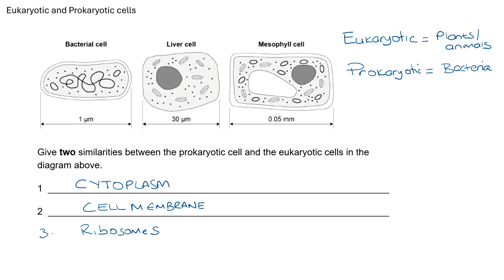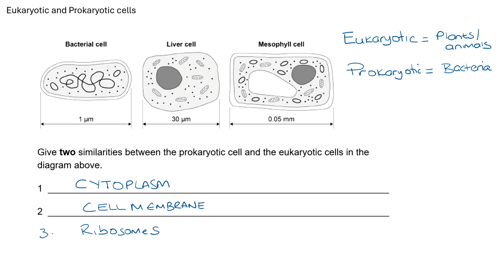Before you go into the exam, you need to know the difference between eukaryotic and prokaryotic cells. Eukaryotic cells include all plant and animal cells and are therefore multicellular organisms. Prokaryotic cells are bacteria and are single-celled organisms.